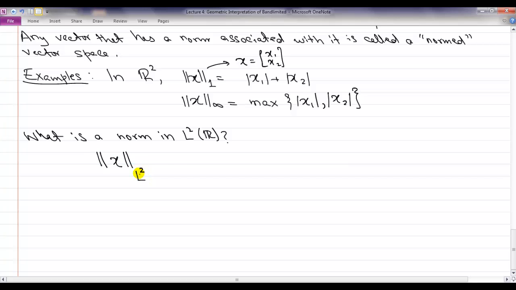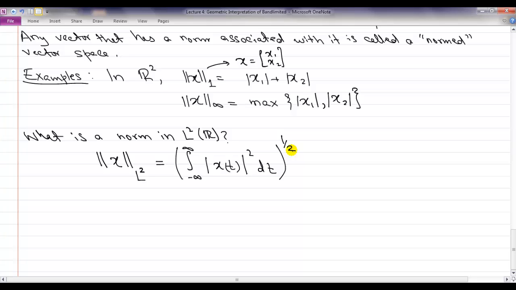The notation that is used is the L2 norm, and it is simply defined as the integral from minus infinity to infinity. You measure the energy squared dt, and then you take the square root. Okay? That's the definition of a norm. You are essentially measuring the length of vectors in L2 by looking at their energy, the square root of their energy. Okay?